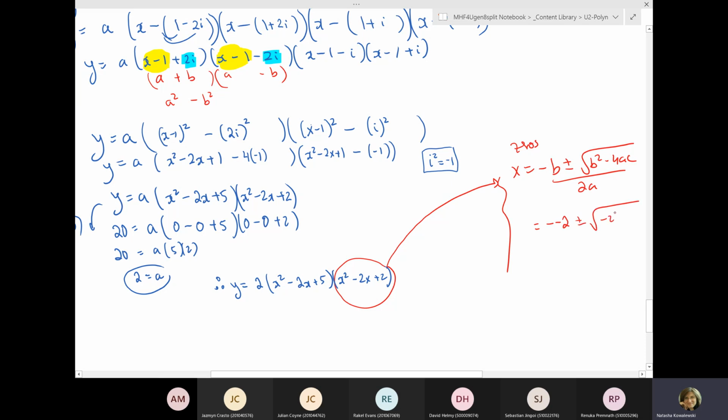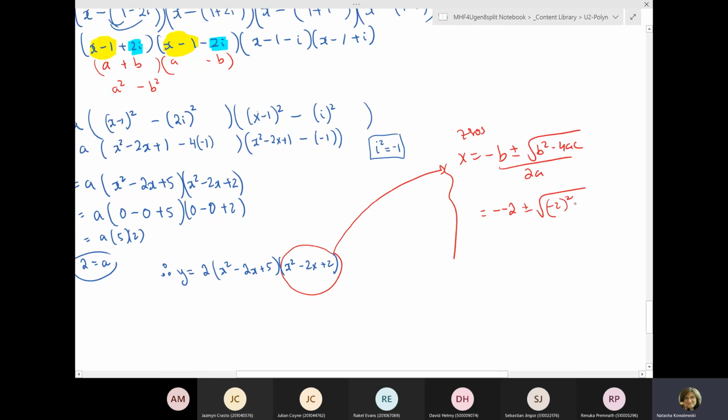Then you'd have -2 squared minus 4 times, you tell me. Minus 4 times 1 times 2. All over 2 times 1, correct? So what would happen over here is that you'll have 4 subtract 8. What's 4 subtract 8, Renuka? -4.